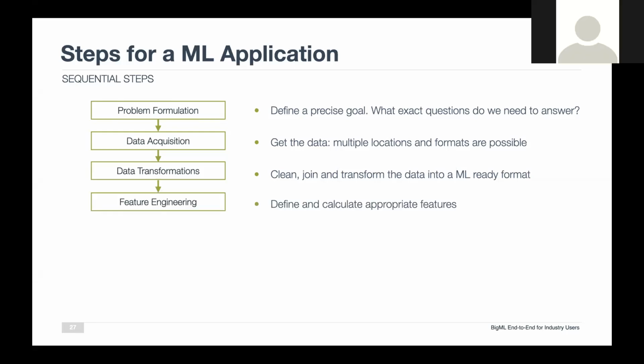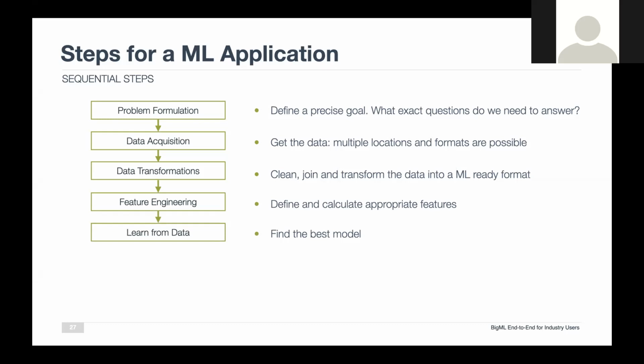After I have my data put together in the right format, the next step is feature engineering: calculating metrics, thinking about the metrics that will allow my algorithms to get the right predictions. And this is probably the most relevant point.